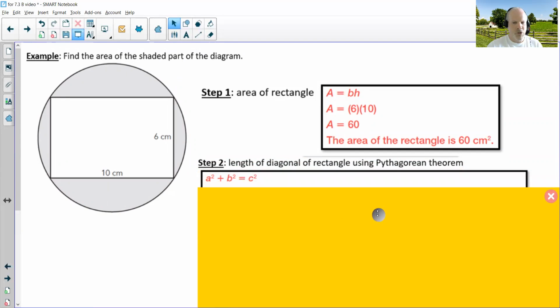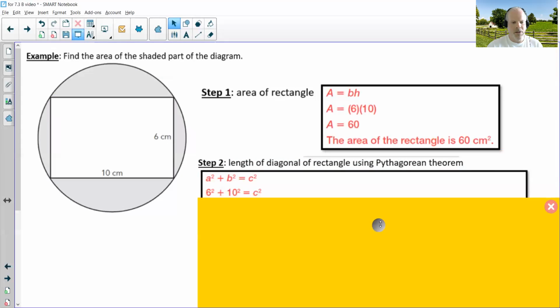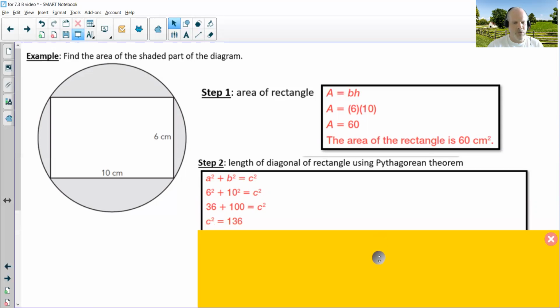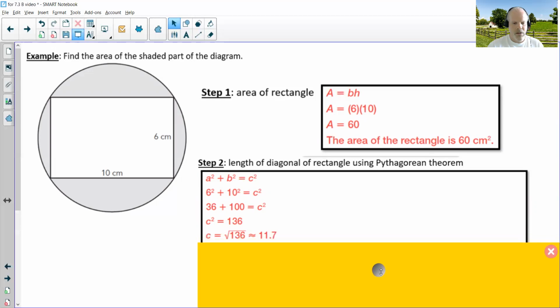It will be in the form a squared plus b squared equals c squared, where a is 6 and b is 10. When I square those, I get 36 plus 100 equals c squared. 36 plus 100, of course, is 136. And when I square root both sides of that equation, I get about 11.7.